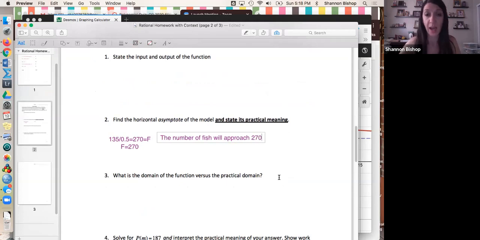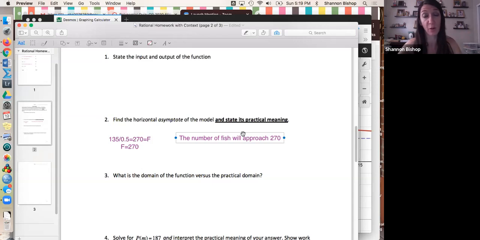270. And the other thing to keep in mind is that horizontal asymptotes are the end behavior, meaning this isn't going to happen for a long time. You're not going to see 270 fish in this fish tank in the first month or the second month or even the third month or the 10th month. It's going to take many months for this number to ever be visible.